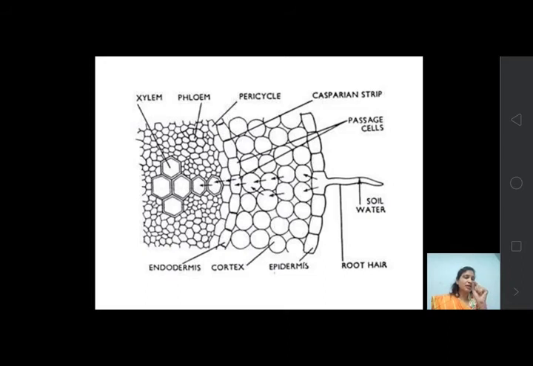That cell is known as the passage cell. Only that part of the endodermal cells allows water to move from outside to inside or inside to outside. All the remaining cells do not allow movement of water, because their radial walls are thickened and they form Casparian strips.